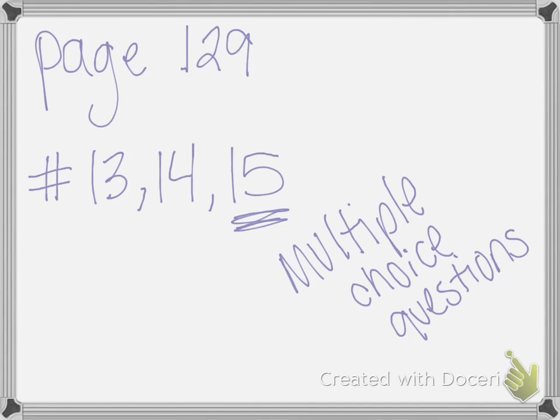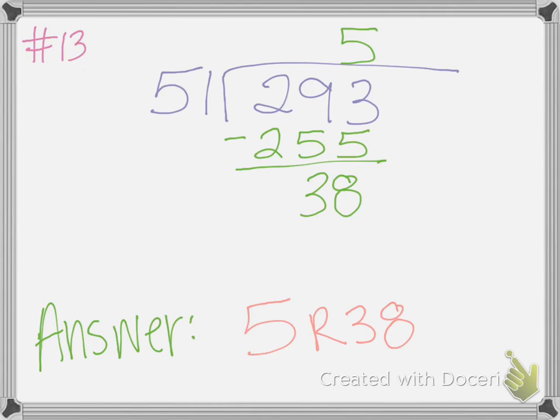Okay, so I'm going to go over the answers for problems 13, 14, and 15 with you. And I wrote them out so you can check your work versus my work to see if you made any mistakes where you went wrong, or if you did it correctly, make sure that I didn't do it wrong. So number 13, the answer you should have gotten was 5 remainder 38.